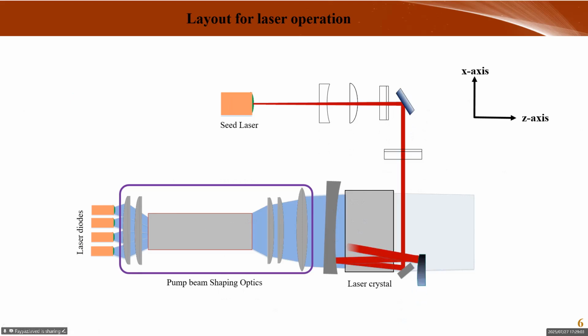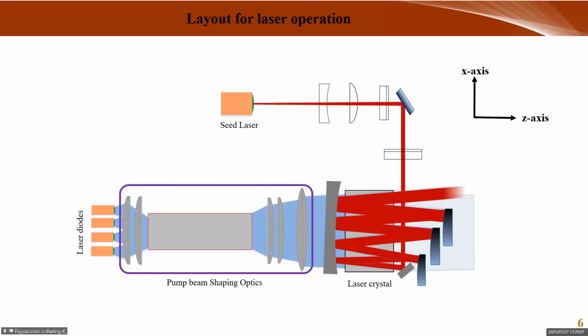But I use one discrete mirror for each pass to the slab crystal. You can see that at every pass through the slab crystal, the beam gets expanded. This brings the advantage that as the size increases, it extracts more energy, while the intensity remains low, so we wouldn't have any damage to the crystal.